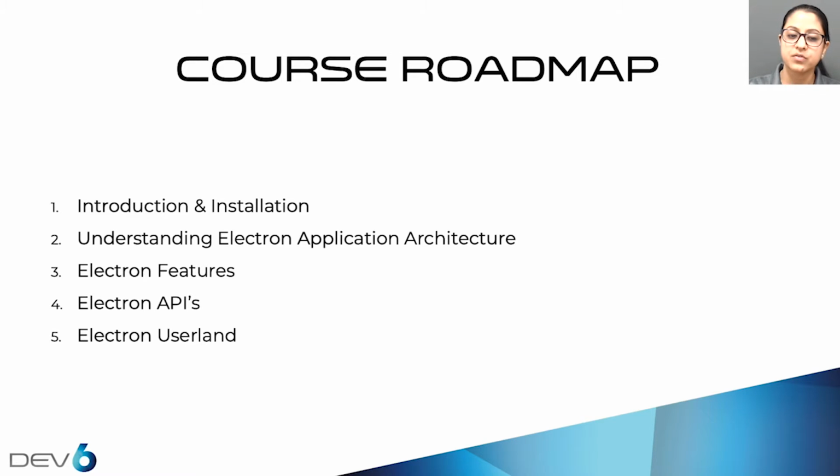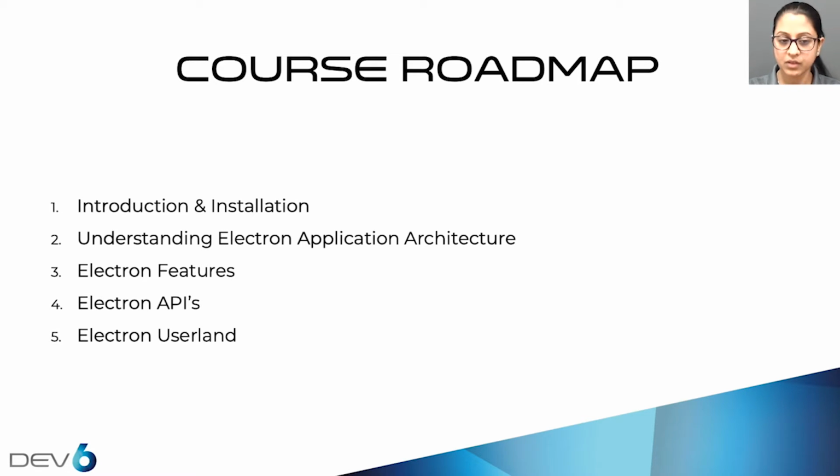Once done, we will pick up the Electron APIs. We'll go through some of the important APIs which will be handy during the development, and the last module will be the Electron Userland. So Electron Userland are the important tools which will help the developer to make the journey easier from dev to production.